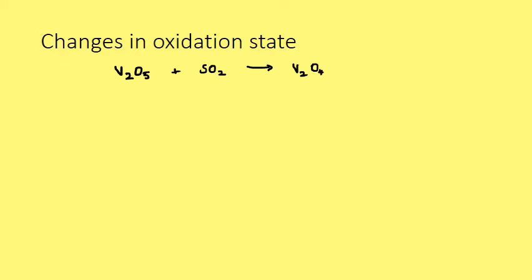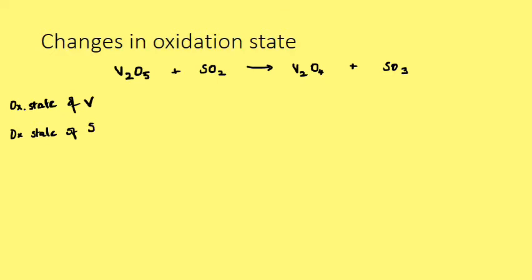I won't give its name because then I'll just give away the oxidation number with it. And sulfur trioxide. What we want to do is list out the oxidation state of vanadium throughout this reaction, and we also want to list out the oxidation state of sulfur.